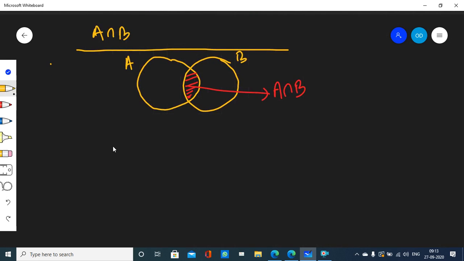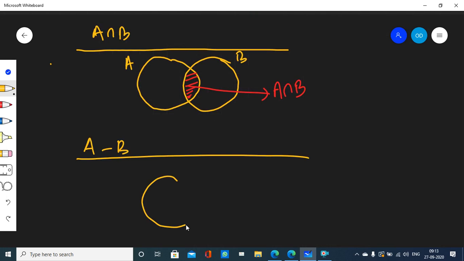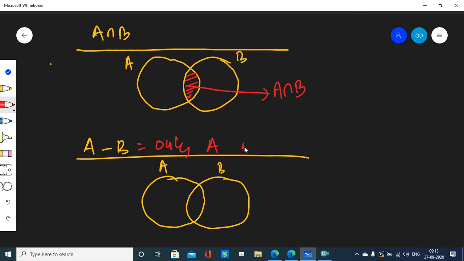Okay. And also we have discussed A minus B. What is A minus B? Suppose this is set A, this set B. Well, A minus B is a set that carries those elements which belong to only A, not B. They belong to set A only but not B. So as you can see, which portions of or which elements of set A are there in A only but they have nothing to do with set B?